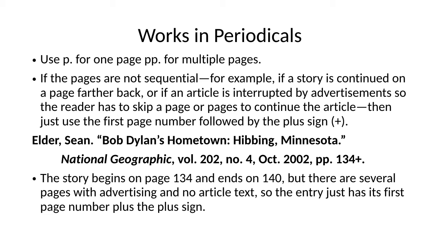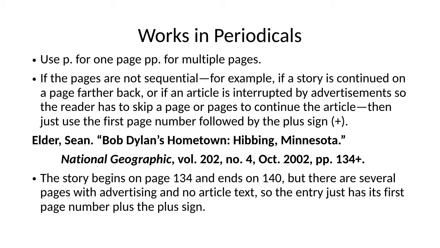Now, if the pages are not sequential, for example, if a story is continued on a page farther back, or if an article is interrupted by advertisements or other articles, so the reader has to skip a page, then just use the first page number followed by the plus sign. So, for example, here's an article in National Geographic magazine, 2002, Bob Dylan's hometown, Hibbing, Minnesota.